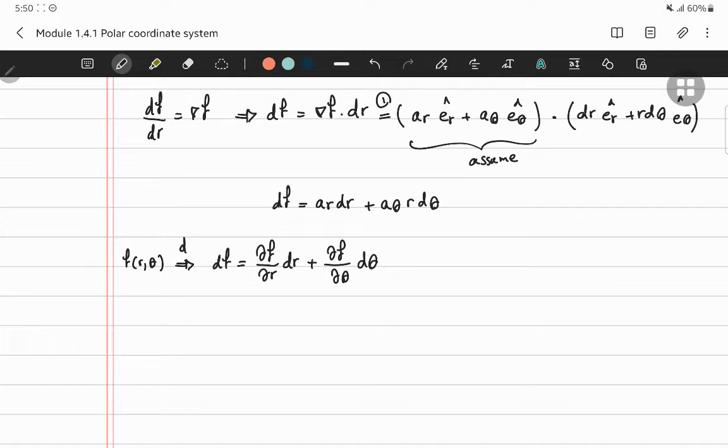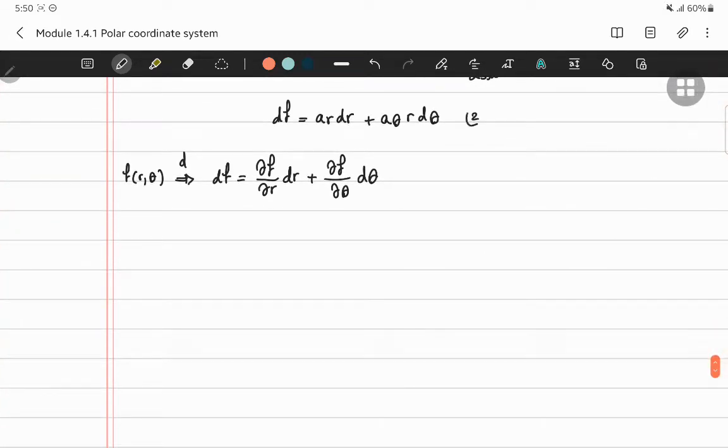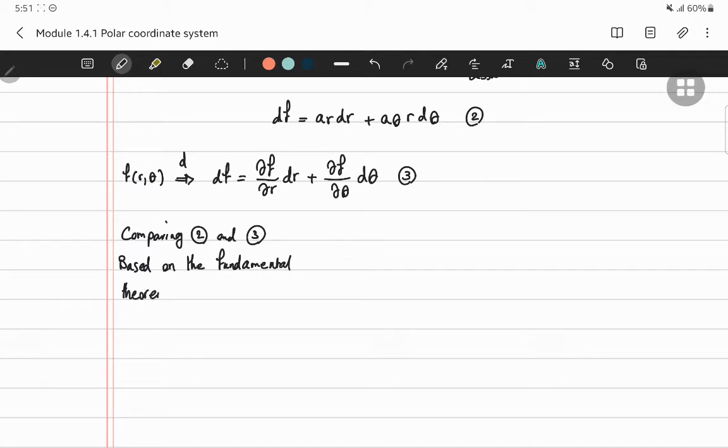So now, by comparing equations 2 and 3, based on the fundamental theorem in algebra, we see here that this is dr, this is dr. So Ar is equal to the partial derivative of f with respect to r.